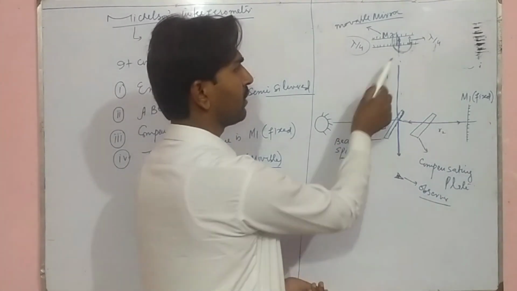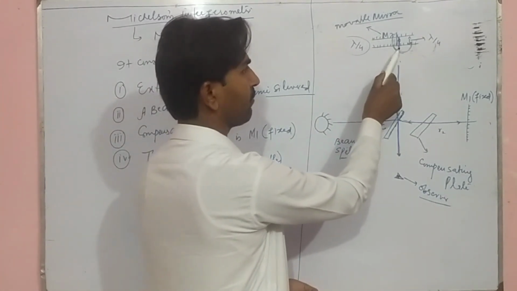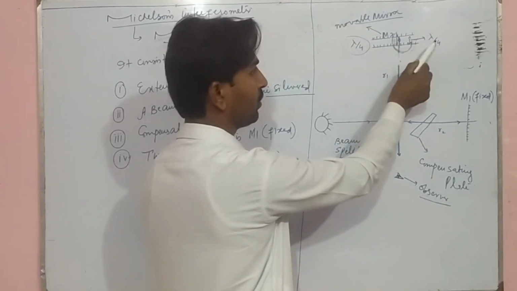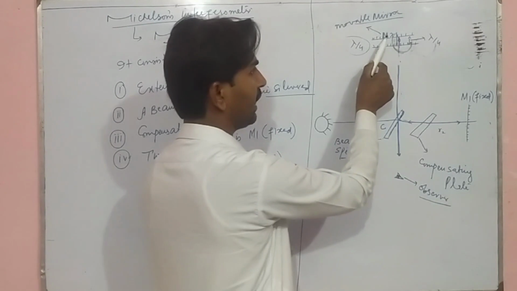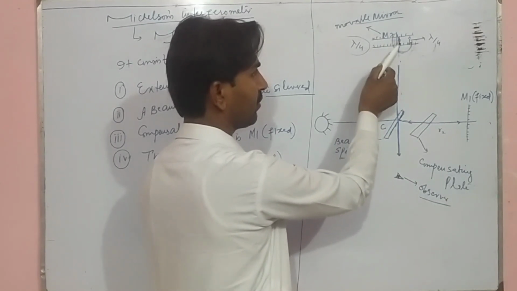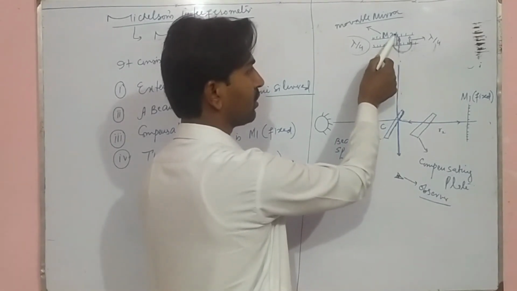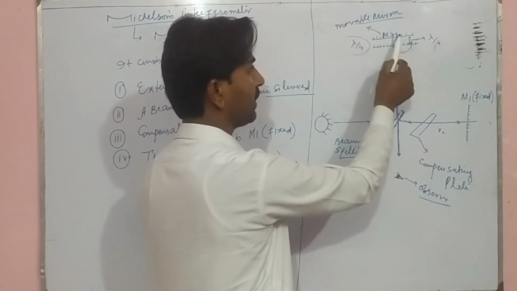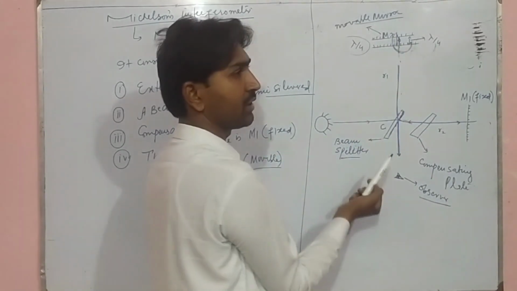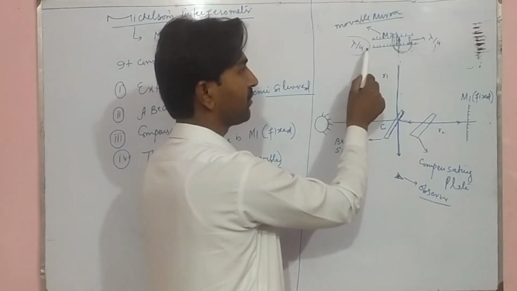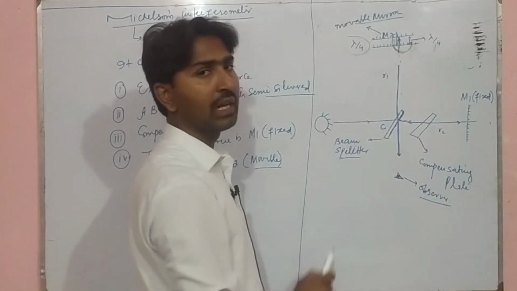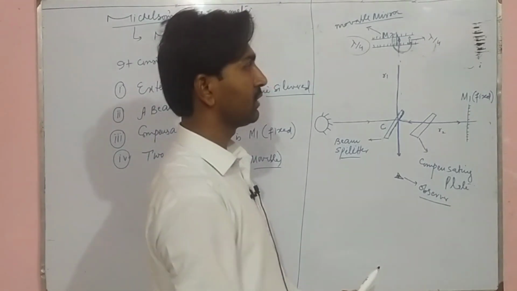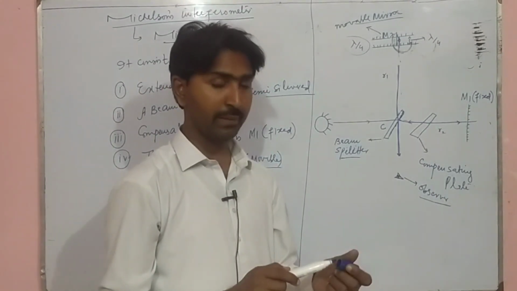The light ray goes the distance lambda by 4 and is incident on M2, and since it is a mirror, it reflects and covers lambda by 4 again, so the path difference created is lambda by 2.